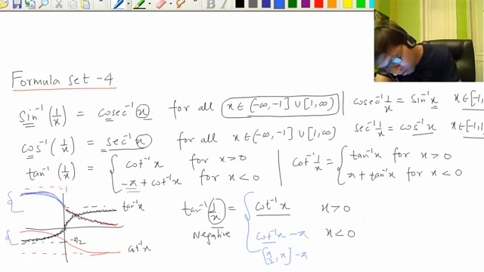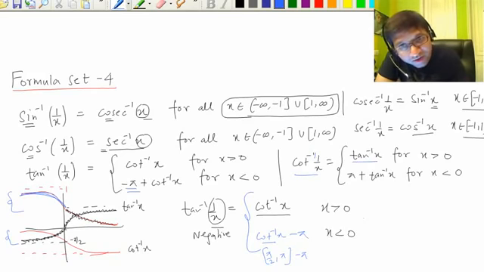For example, let's do the other way around. Cot inverse 1 by x. On the positive side, no problem, because cot inverse and tan inverse are in the same category, as their principal value branches are in the same range, 0 to pi by 2.